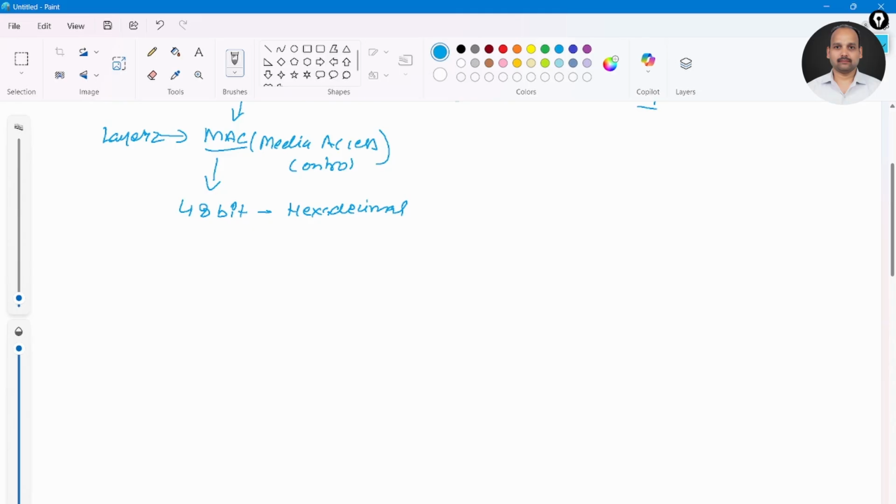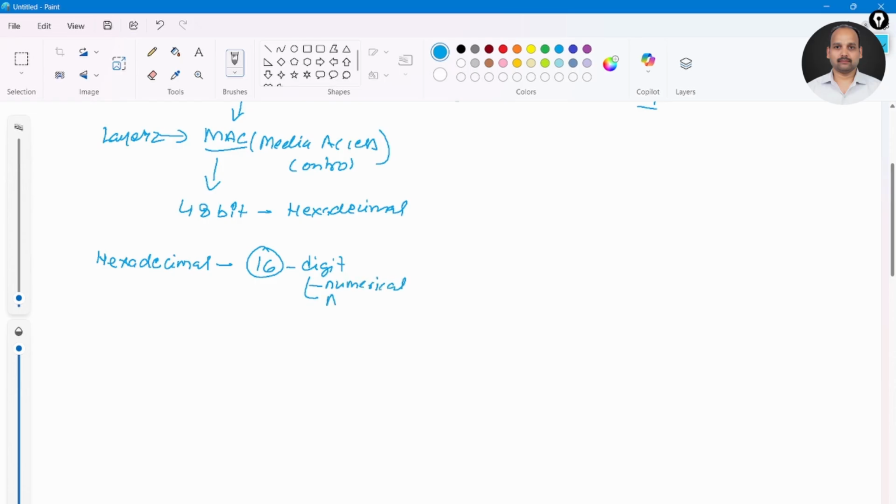As you know, if I explain hexadecimal a little bit, hexadecimal contains a total of 16 digits.